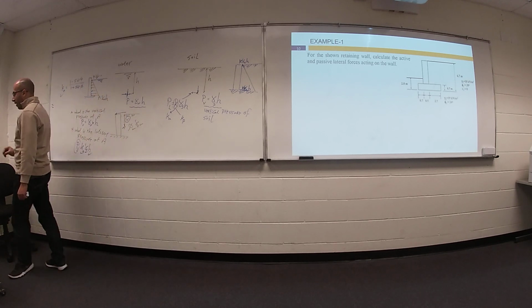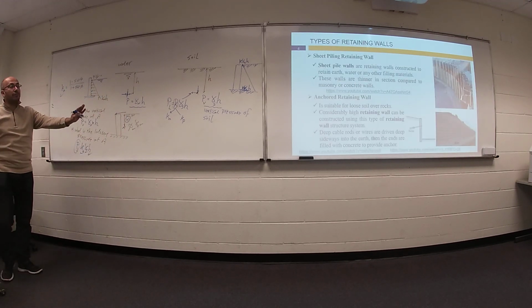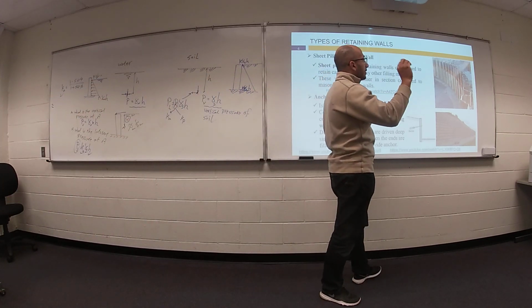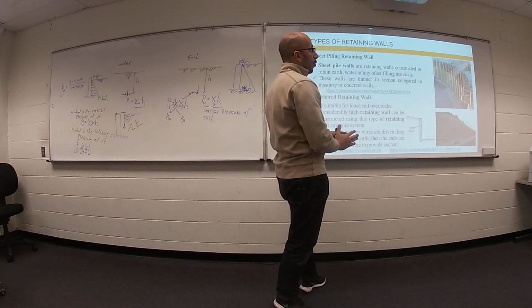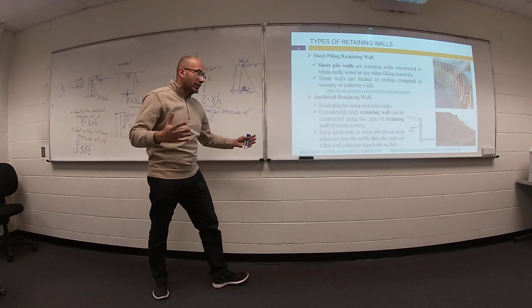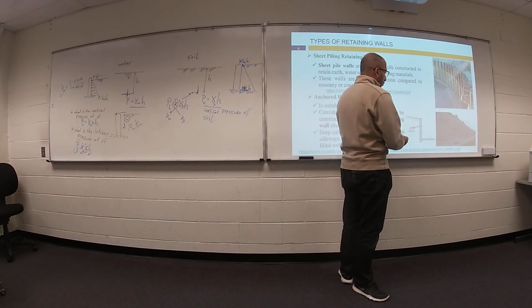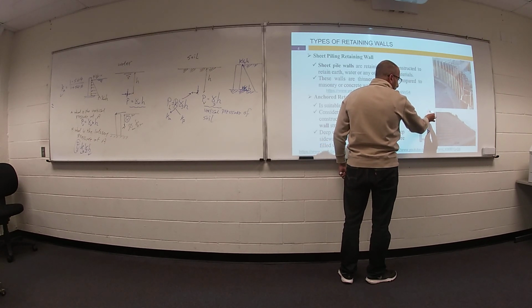Remember, I'm talking about the basics of retaining walls. Whatever the type of your retaining wall, any type will be solved by earth pressure. First, draw your pressure on the retaining wall. Once you draw it, you have a different structural analysis. If you have a structural analysis like this one, you have a beam supported here by a hinge and here by another hinge.